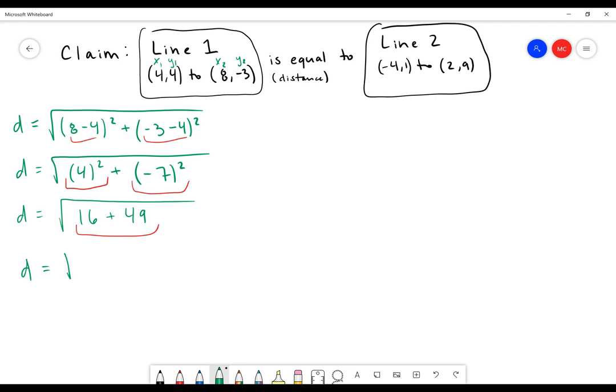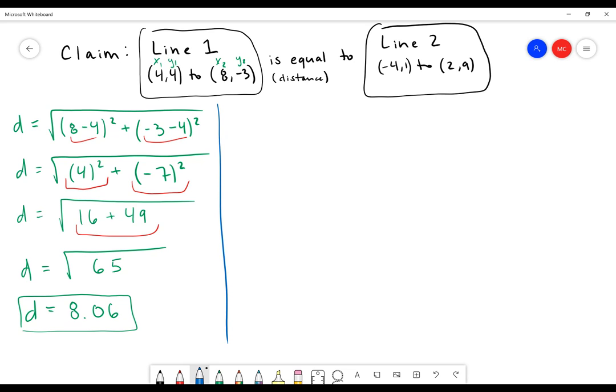When I do that, I get that distance is equal to the square root of 65. And I'm going to use a calculator to find that the square root of 65 is equal to about 8.06. So my distance for line 1 is 8.06.